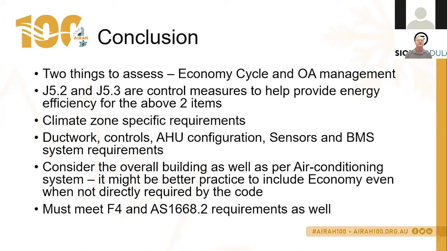If you just control economy cycle on dry bulb, you could have a 19-degree dry bulb temperature, 95% humidity because it's raining outside, and you'll end up with 24 degrees inside and 75% humidity inside, and people will feel very, very uncomfortable. So you do need to use enthalpy control. I would not do economy cycle based on dry bulb only.